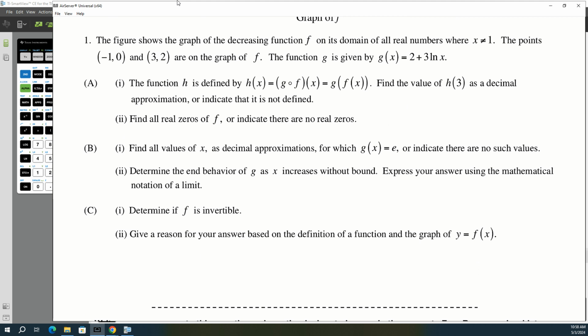All right, so A1 is almost identical to the one we just did on the other model. It's possible it could be f of g of x, but whatever. These are both g of f of x. And on this one, we're finding h of 3.